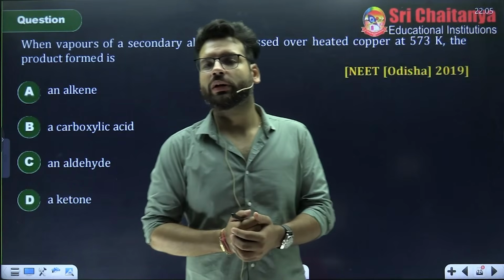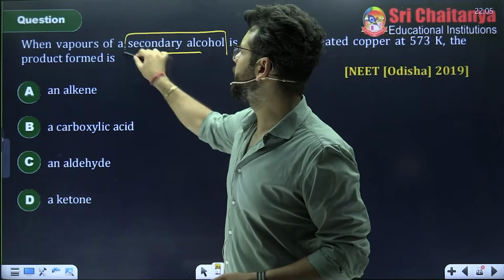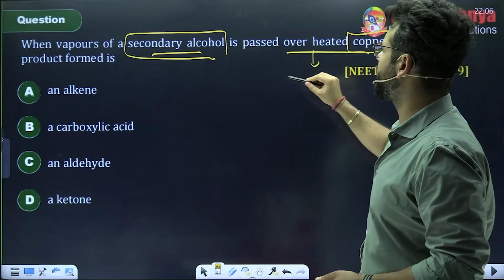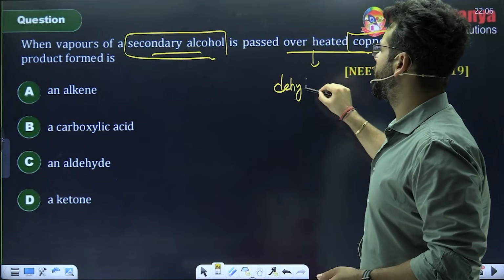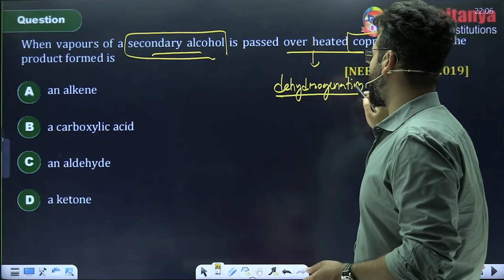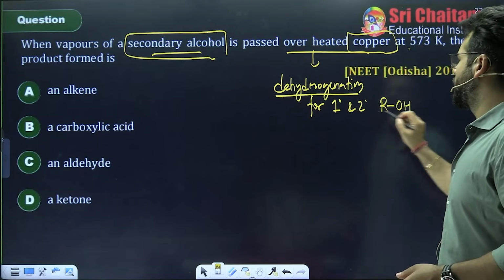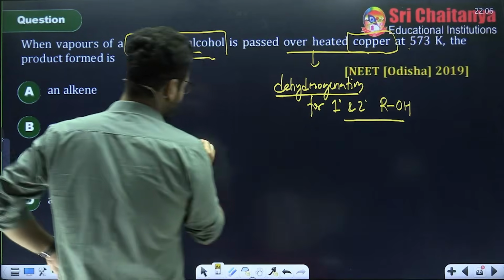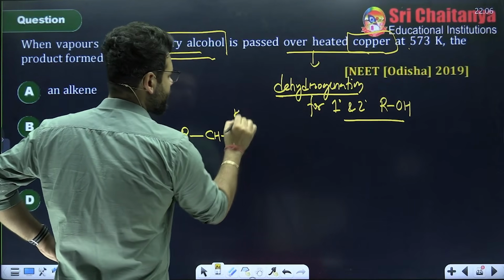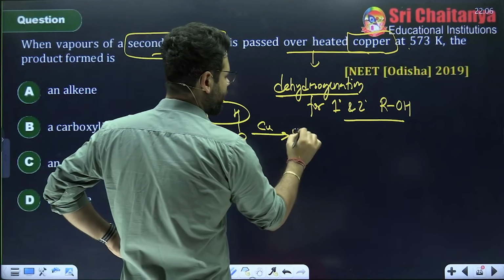Next question that we are taking here is when vapors of secondary alcohols are passed over red hot copper at 573 Kelvin. Copper is a dehydrogenating agent. Dehydrogenation it will do for primary and secondary alcohols. Whenever we take a primary alcohol, dehydrogenation happens like this. On the red hot copper, we get an aldehyde.